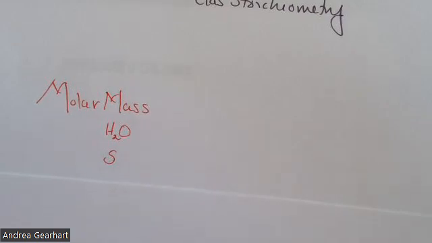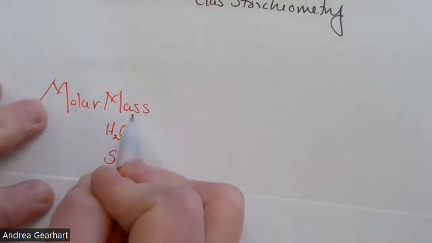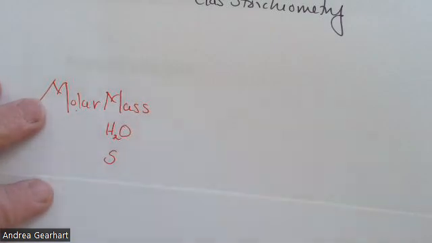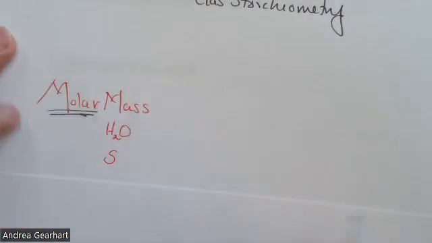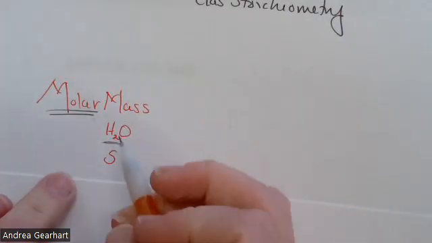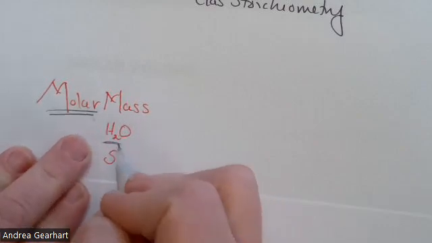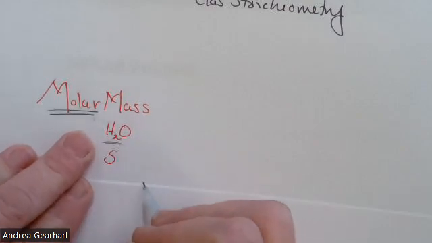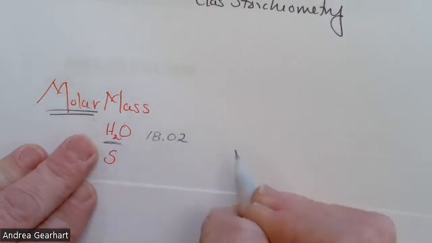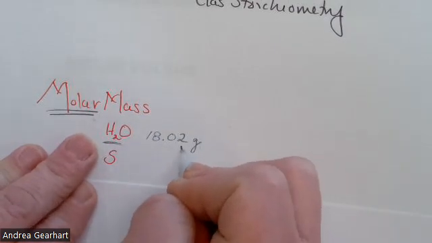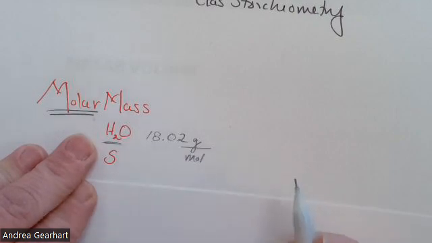So to remind us, molar mass, if it was just mass, the unit would be gram. But if I asked for the molar mass of water, I know you would go to the periodic table, add up 2 hydrogen average atomic masses and 1 oxygen, and we would get 18.02 gram per mole.